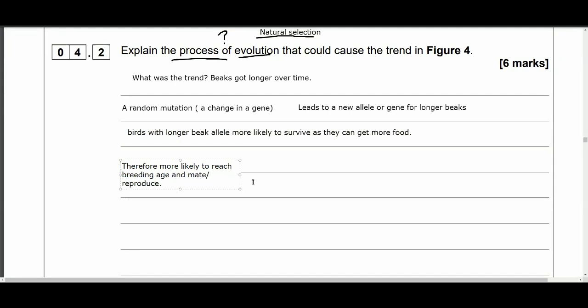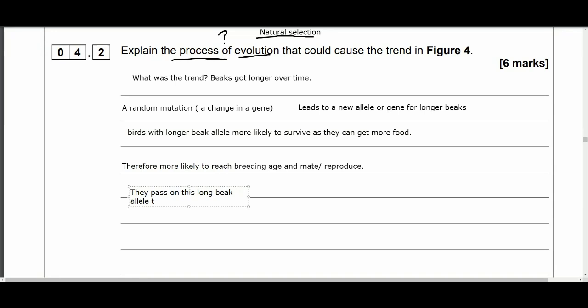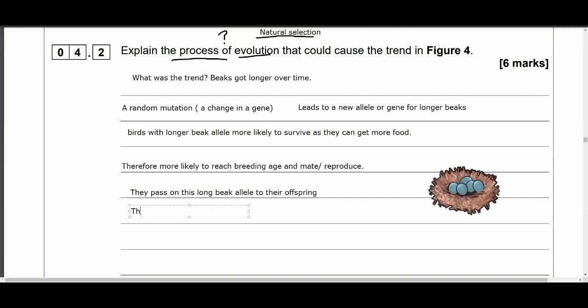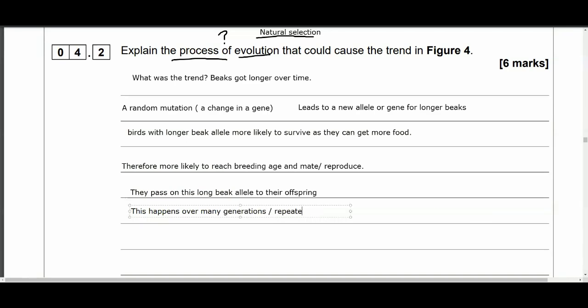Therefore, they're more likely to reach breeding age, mate, and reproduce. Once they reproduce, they have children, which we call offspring, and they pass on that gene, that allele for the longer beak, to their offspring. If this happens over many, many generations, the number of genes for long beak in the population will increase. And this process is called natural selection.